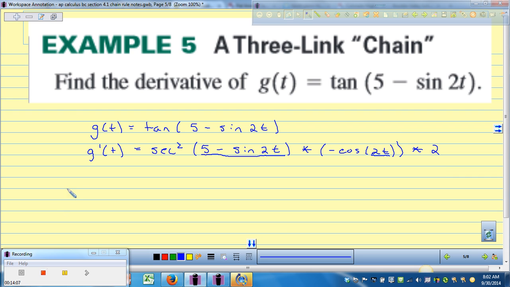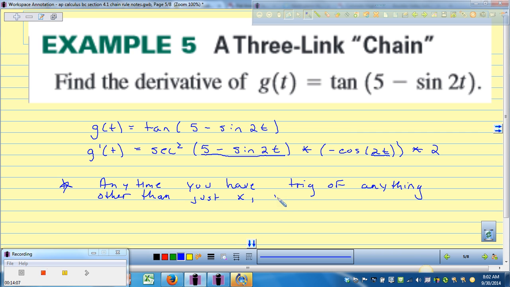All right. So, anytime you have a trig function of anything other than just x, you need chain rule.